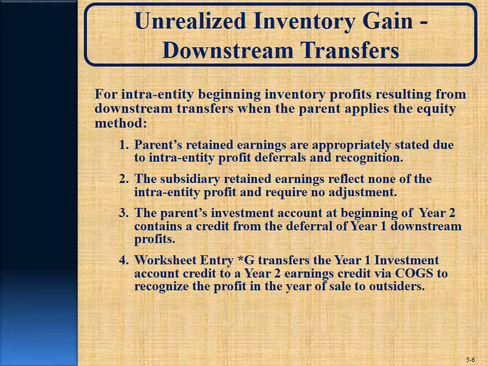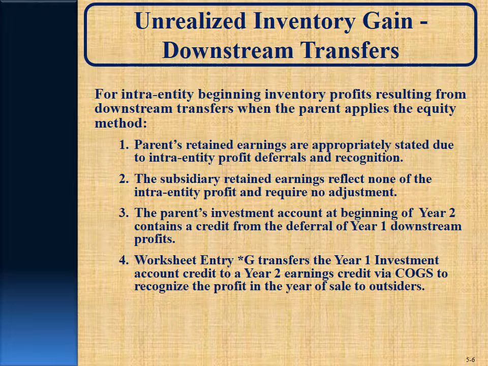So what they're saying here is if this is a downstream transfer and the parent uses the equity method, we would be debiting the investment in subsidiary in year 2 for this journal entry and crediting cost of goods sold in the elimination for the end of year 2. I know this is getting funky, but this is what happens.